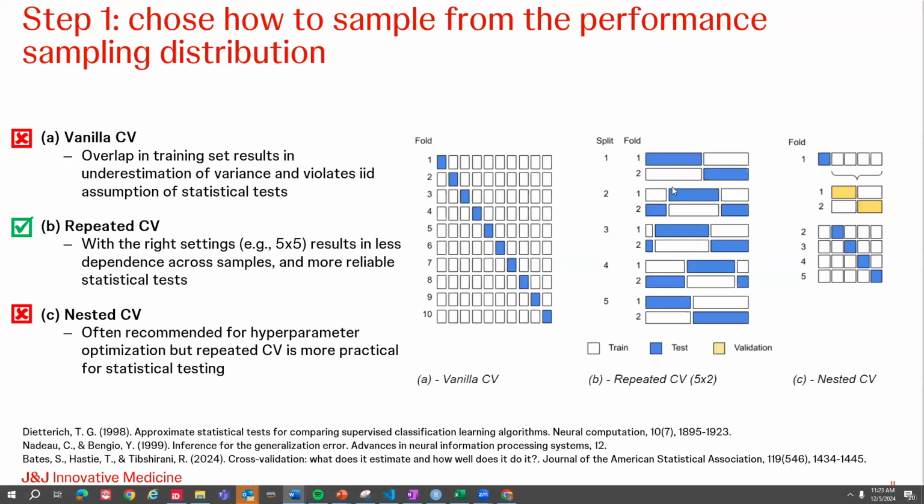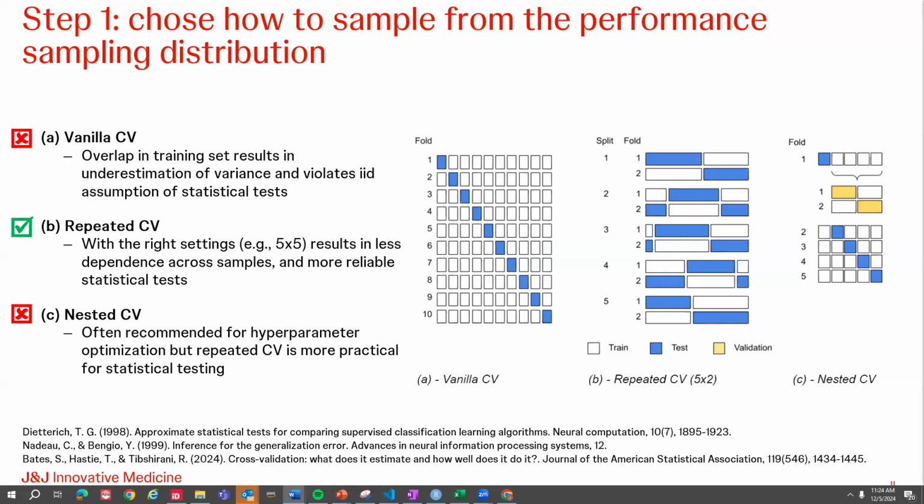Repeated CV has been proposed as a straightforward way of resolving this. This leads to statistical tests that are more reliable. Repeated CV is simply repeating k-fold CV with different random seeds for the splits. So we get different splits each time. We use the same splits for each method when comparing so that there is a fair comparison.